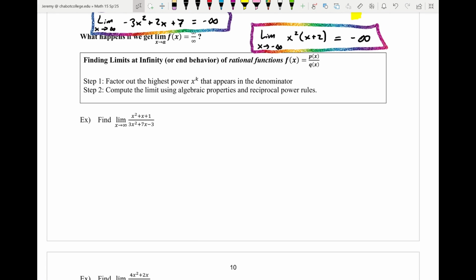So here's one. We want to find the limit as x goes to infinity of (x squared plus x plus 1) over (3x squared plus 7x minus 3). We start by identifying the highest power x to the k that appears in the denominator.